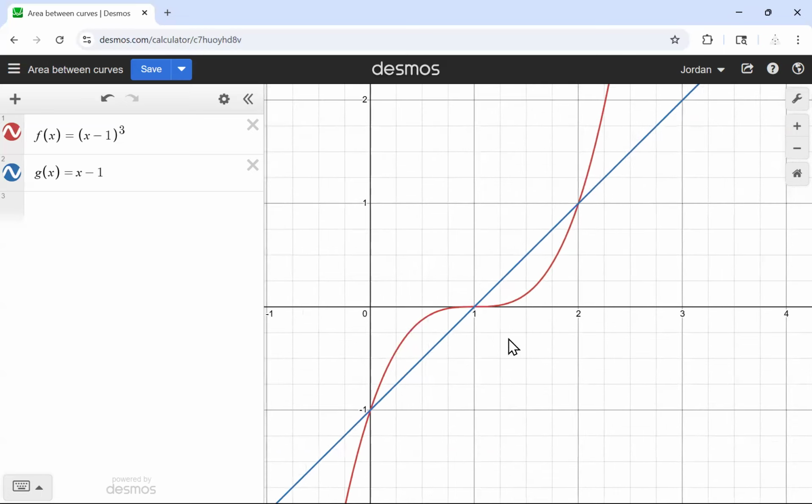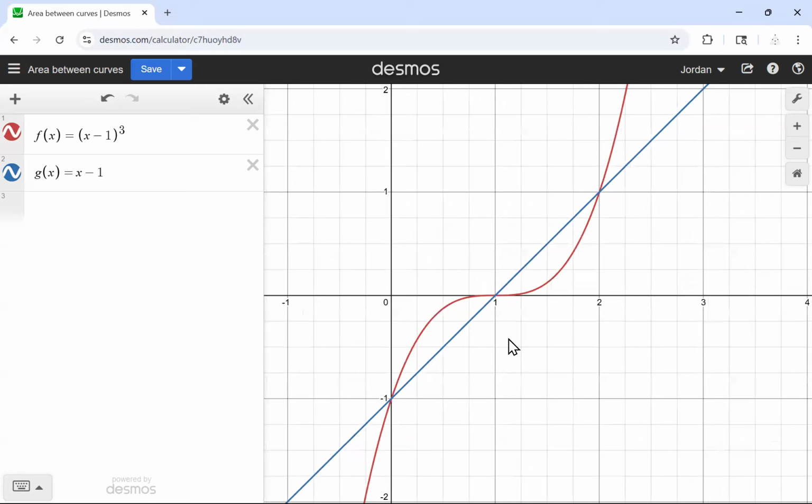So if it said find the area of the closed bounded region, it's really ambiguous because they may be asking for this region here, they may be asking for this region here, or it is possible they may be asking for a combination of those two regions. Maybe they're asking for the area of this plus the area of that. Or maybe they're asking for this as a positive area and this as a negative area.